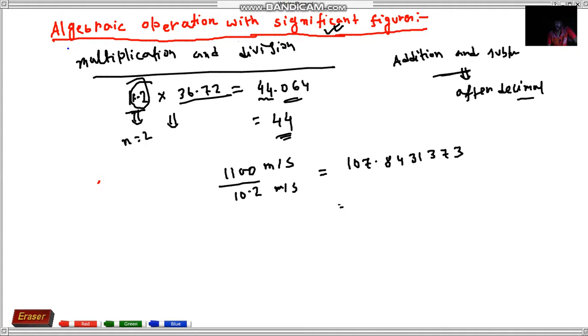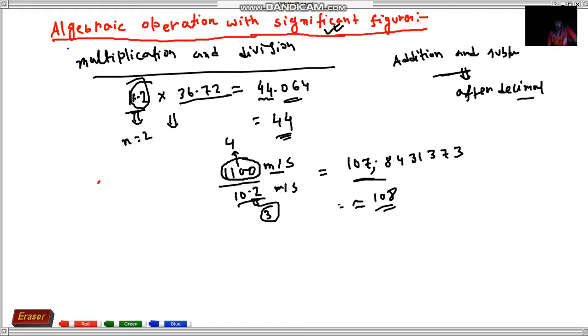As I have used the unit, the zeros are counted as significant digits. So here the number of significant digits is 4, but here it is 3. So in the answer there should be 3 significant digits. We round up to 7, and as the next digit 8 is greater than 5, it will be 108. Is it clear?